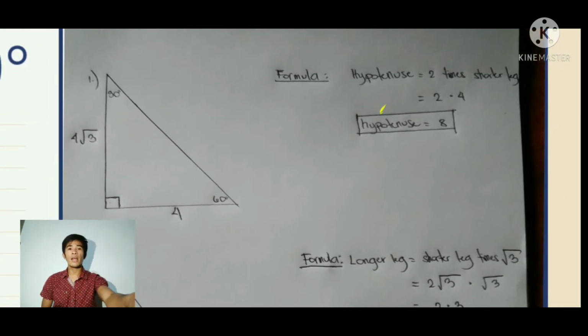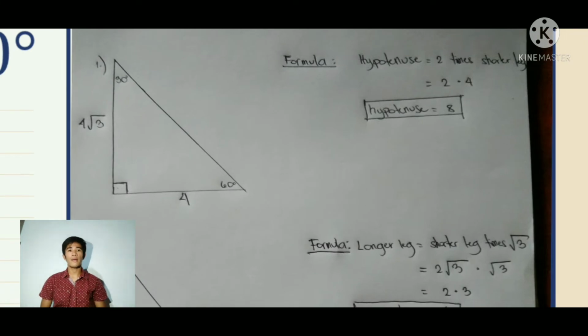So, the unknown is the hypotenuse. Since we have the value of the shorter leg and the value of the longer leg, the value of the hypotenuse is the unknown. Formula: hypotenuse is equal to 2 times the shorter leg.